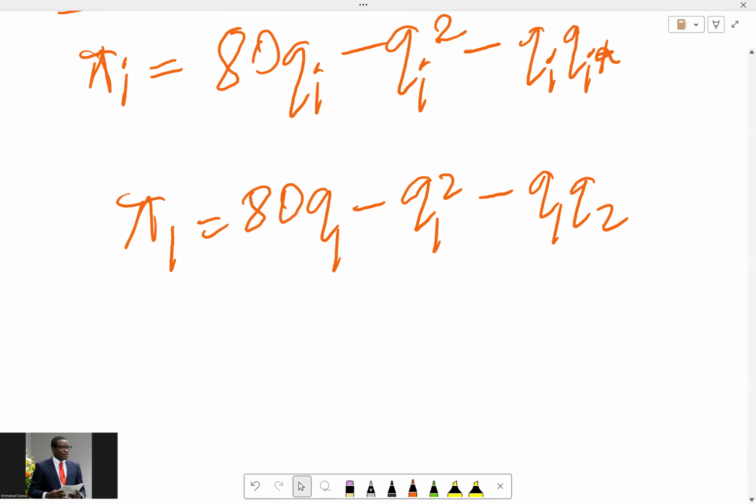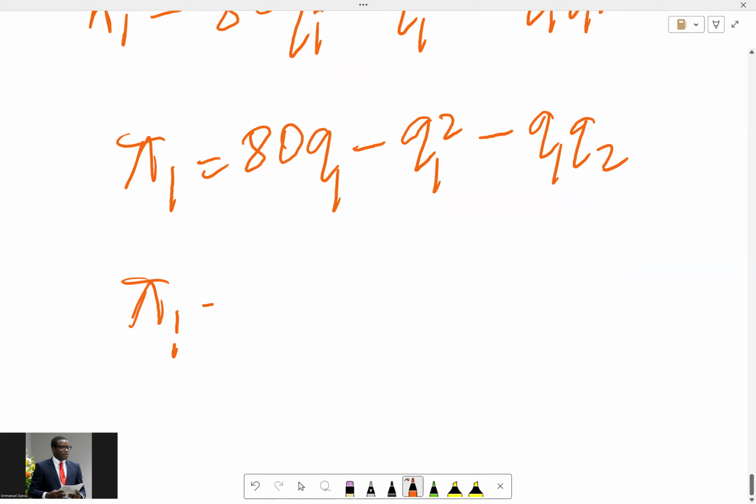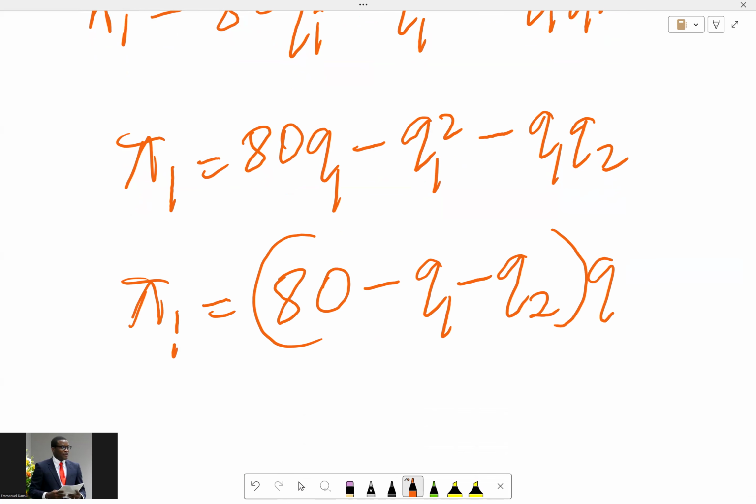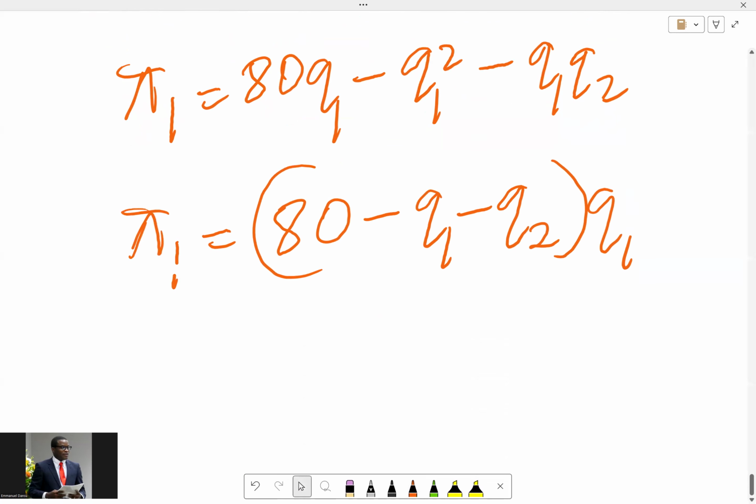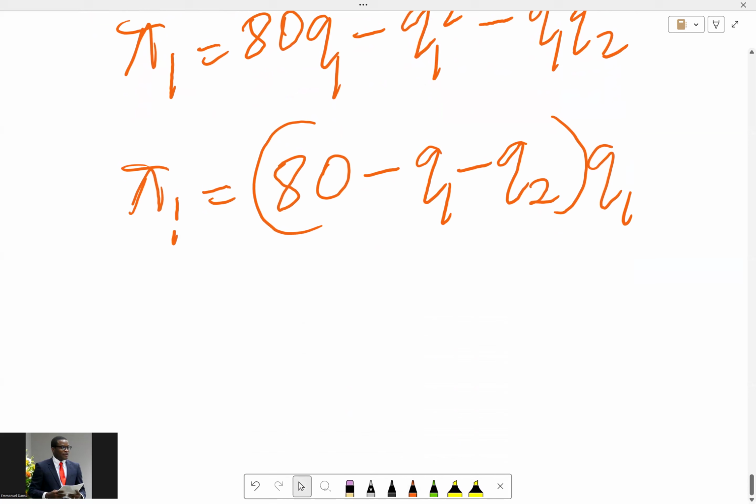So pi 1 equals, Q1 is common, so we have 80 minus Q1 minus Q2 multiplied by Q1.